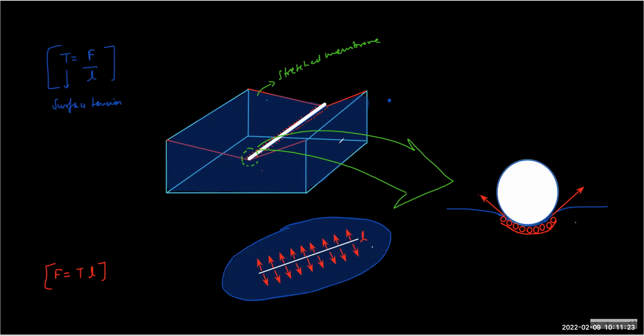On this two-dimensional diagram, if the length of this needle is L, and the surface tension property of the liquid is T, then the force acting on the left side is TL, and on the right is also TL, because force is T times the length of contact. So surface tension force is surface tension times length of contact. Understood?